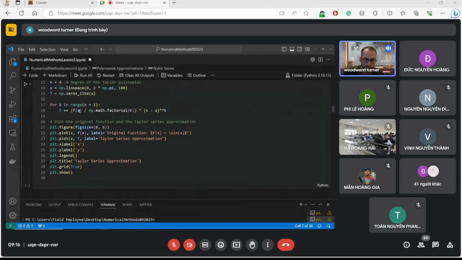So we have f of a divided by k factorial in this case. You might usually call it n factorial, and then times x minus a to the k. So that's the common expression that we all know for Taylor series approximations. And then finally, I've just made a little bit of a figure here so we can see what's going on, so it's not just all symbolic.